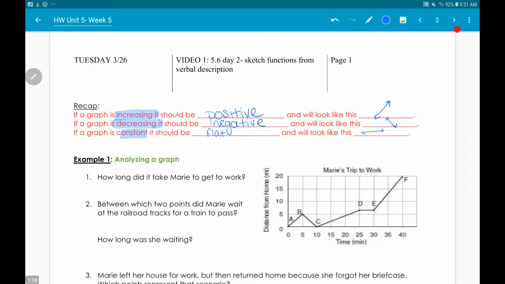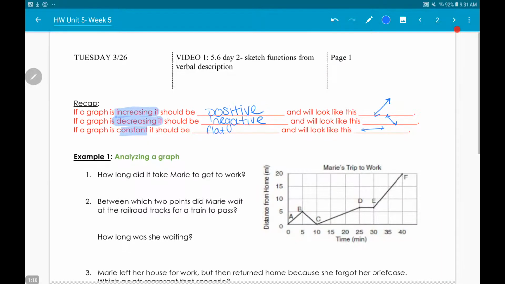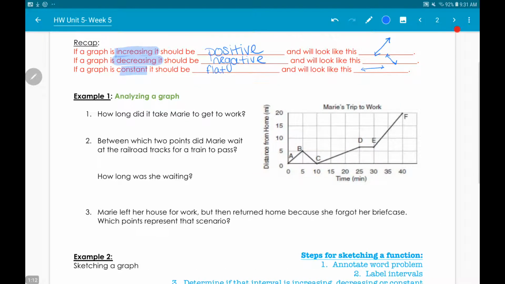So let's use that information to analyze the graph. Here we have Maria's trip to work. My x-axis is time in minutes, and my y-axis is her distance from home. As time goes on, she's getting further and further from home.